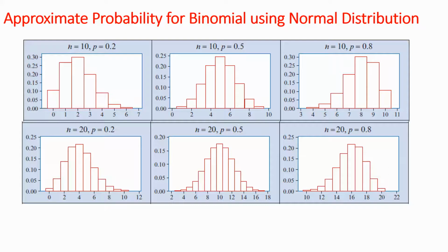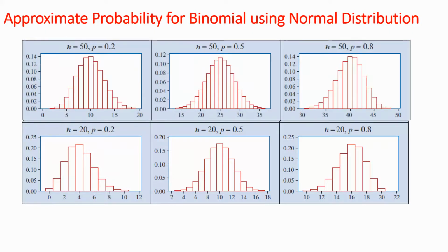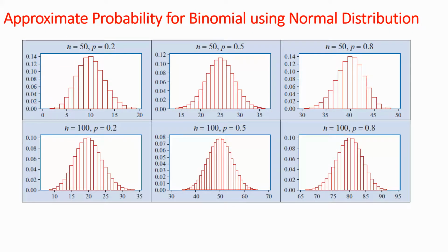But what you'll find is when you start increasing the number of trials, so you go from 10 to 20, it's looking still similar. If I start increasing it now to 50, and then now to 100, it doesn't matter where the percentage is. In terms of the x-axis, it will change, right?